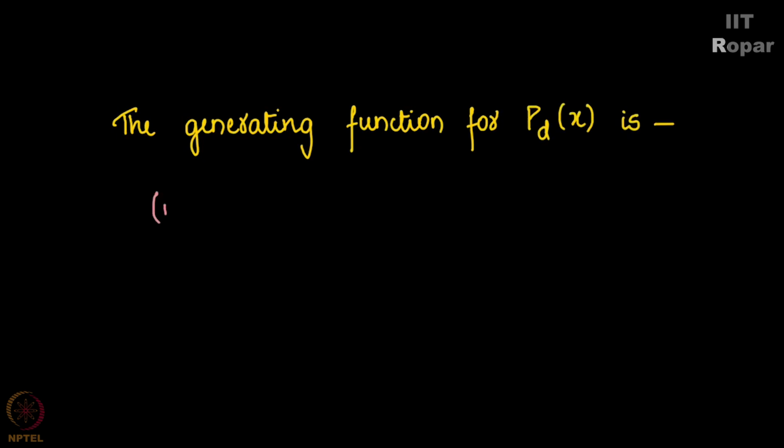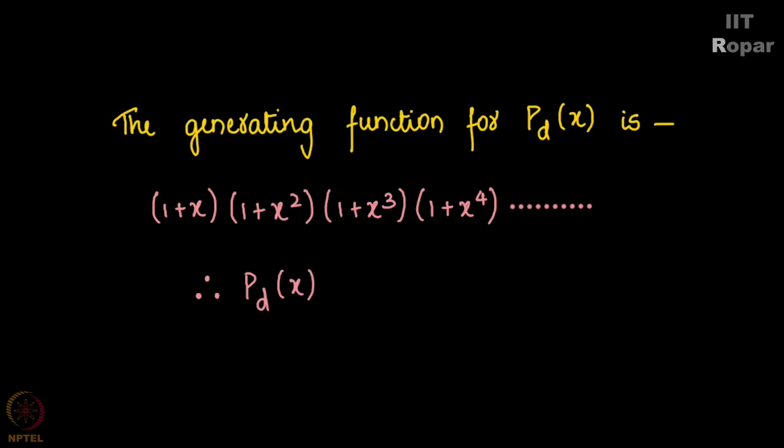So the generating function for PD of x is given by 1 plus x into 1 plus x square into 1 plus x cube into 1 plus x to the 4, and so on. And therefore PD of x is the product over i from 1 to infinity of 1 plus x to the i. Right? I hope it is clear to all of you.